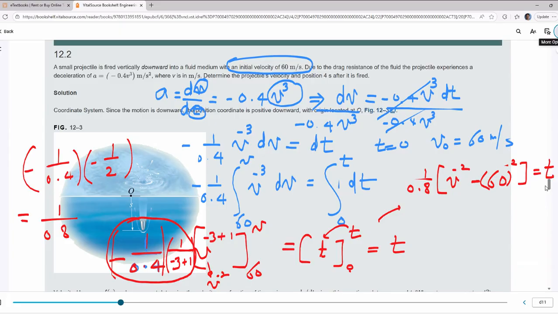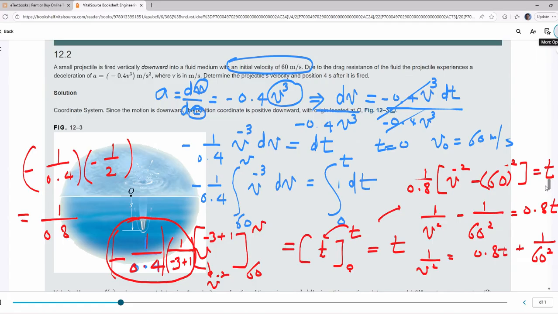Okay. So now we solve for velocity v. From now on we do algebra, right? Multiply both sides by 0.8. v to the negative 2, that is 1 over velocity squared, minus again 1 over 60 squared. That equals 0.8 t. Now solve for 1 over velocity squared. That equals 0.8 t plus 1 over 60 squared, right?